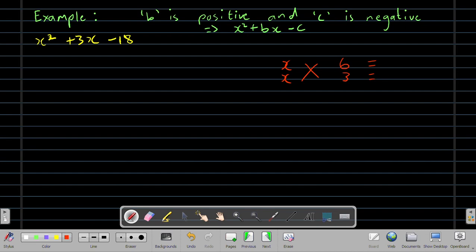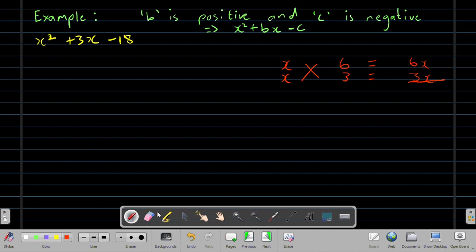and if we multiply x with 6, we're going to get a 6x. We multiply 3 with x, we get a 3x. Right? If we just add them like this, it will give us a 9x, which is not what we want here. But we can then start playing around with the signs, right?